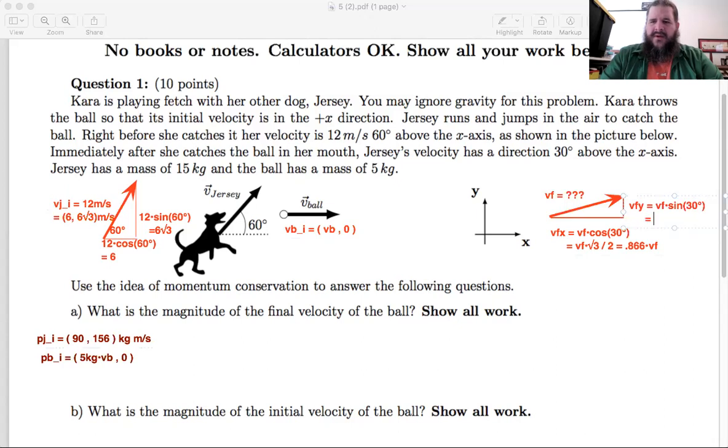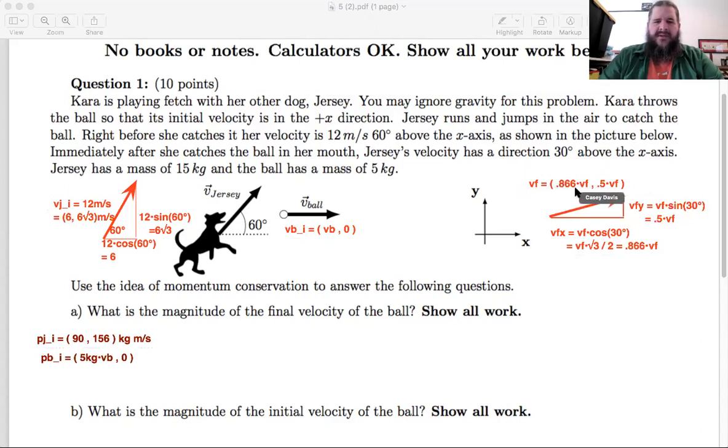And sine 30 is 1/2, so that'll just be v final over 2, or 0.5 v final. So we can now write v final in terms of vector components as 0.866 v final, comma 0.5 v final.